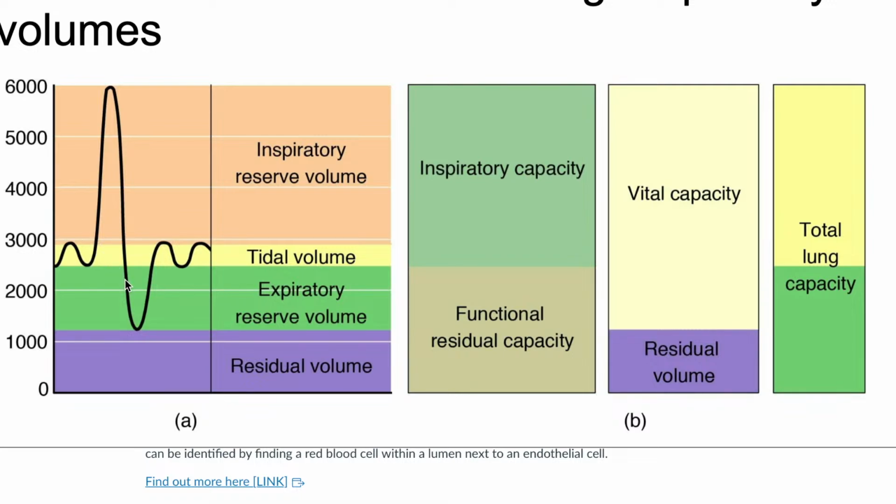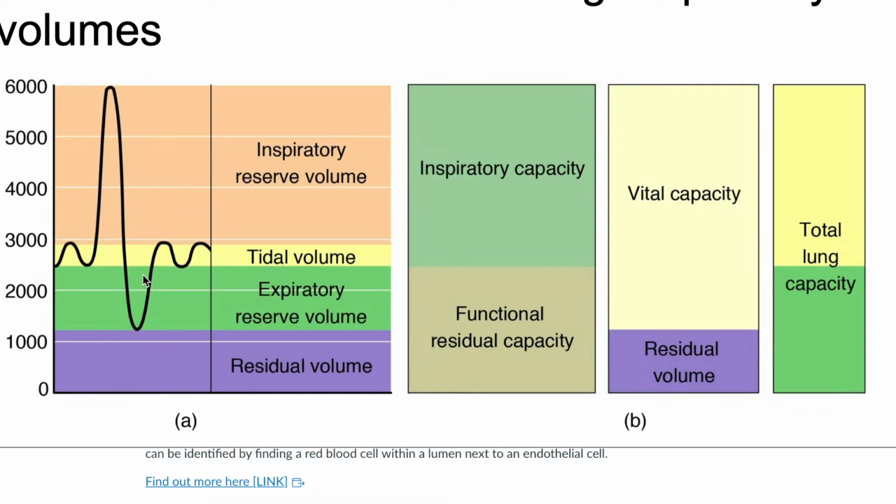Expiratory reserve volume is the same thing. If you were to force yourself to blow as much air out, it would only count past what you normally would do, how much you normally would push. And residual volume here, it's a weird way to depict it, but it's just what stays in your lungs and what's not moving.